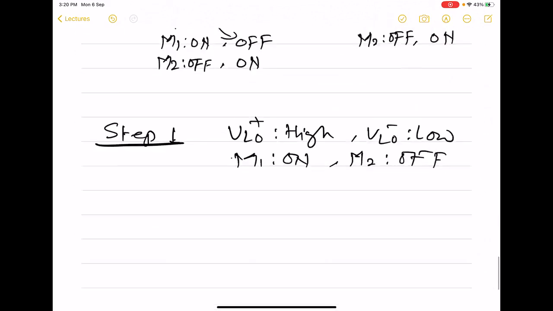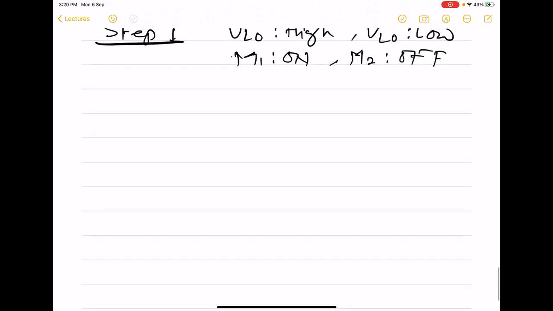So now let us substitute the MOS by respective switches. So this is CGS, CGD, and here we will have LO plus, and the switch is closed now.